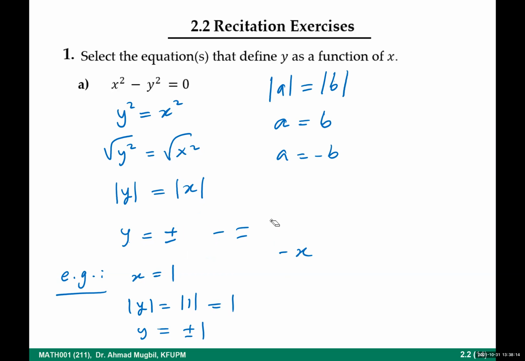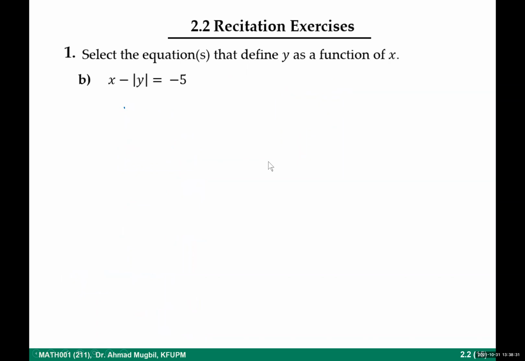Okay. So it should be simpler at the end. So this is not a function because we are able to find one x that corresponds to more than one y. One input with more than one output.